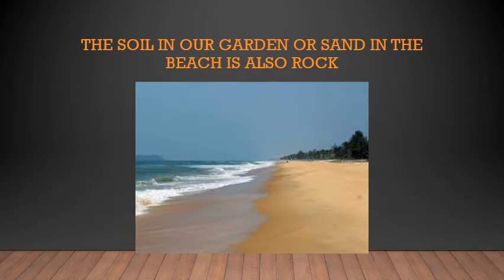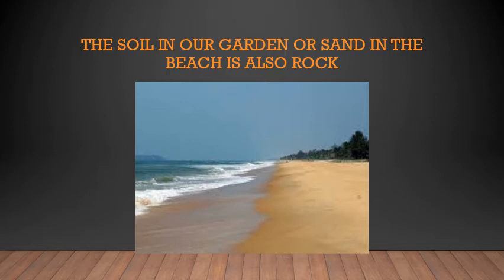Then the soil in our garden or the sand on the beach is also rock. Just that a huge rock is broken down into smaller pieces making the soil or the sand. You must all have visited the beaches, right? There the sand is very thin, very small minute particles.